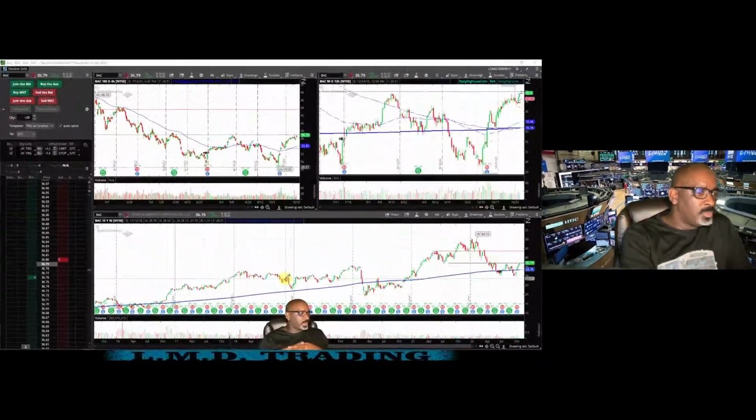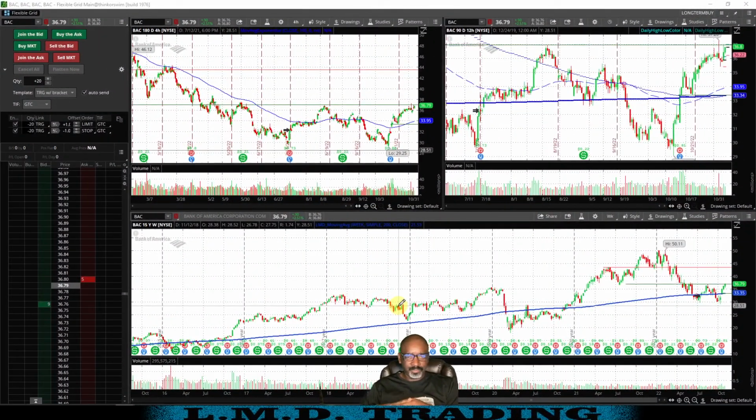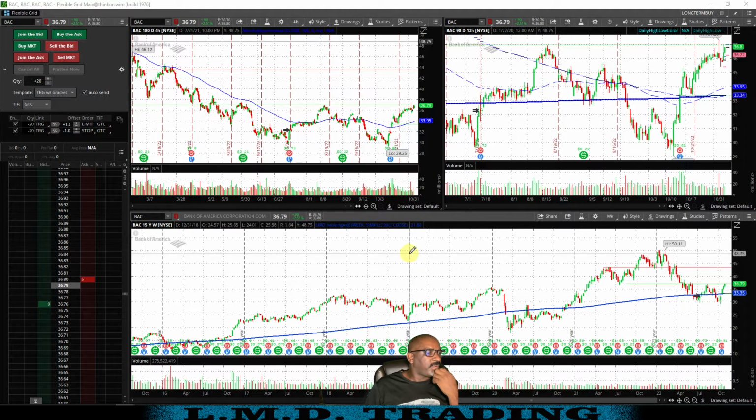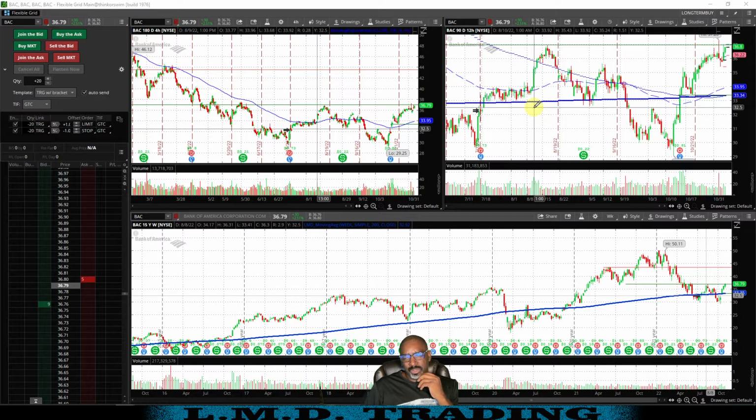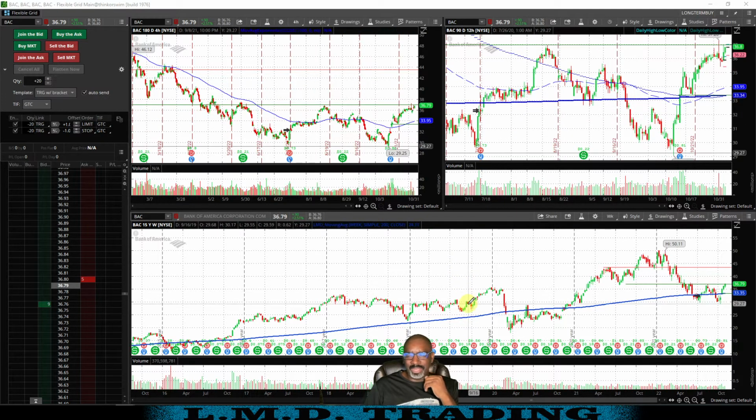So I'm gonna go ahead and pull up the screen that I use when I am looking for swing trades, and this is it. I'm usually looking at higher time frames, so I'm looking at the 4-hour, the 12-hour, and the weekly.